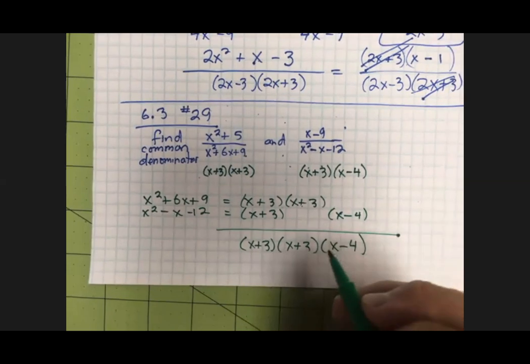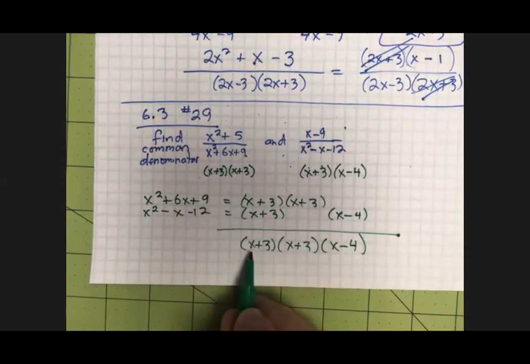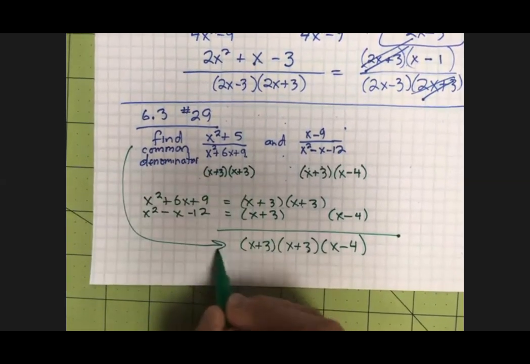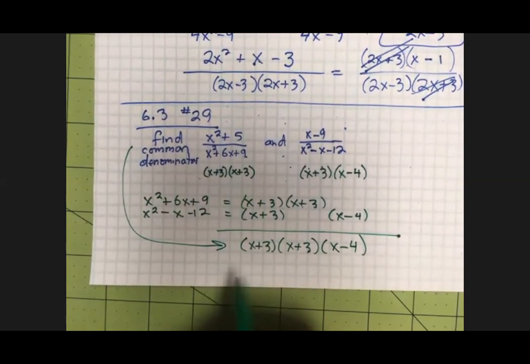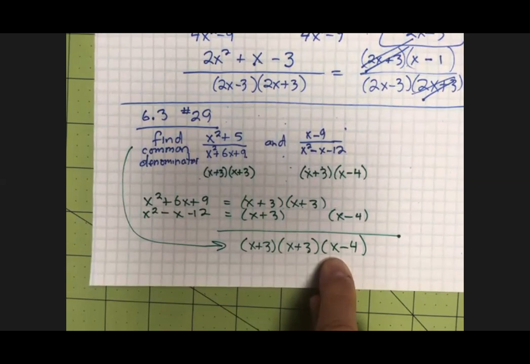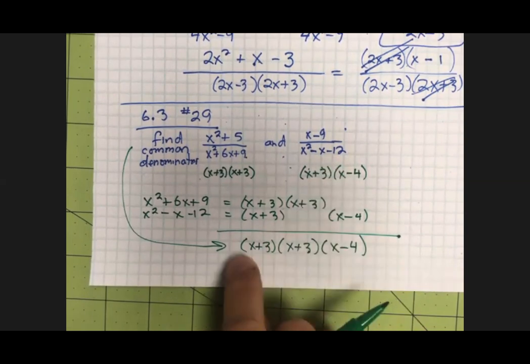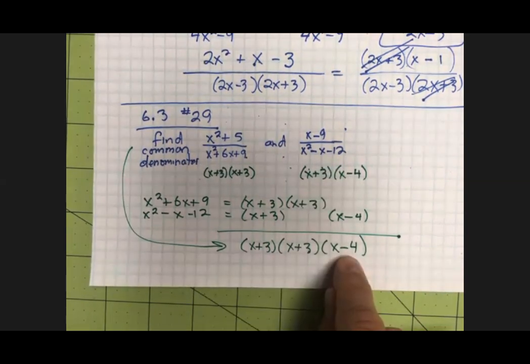So the common denominator, and by the way, I do not want to multiply this out. They just said, find the common denominator. I'm saying, okay, I'm done. That is the common denominator. You don't want to multiply it out because after you bring these people together, you might have to cancel anyway. So don't overwork.